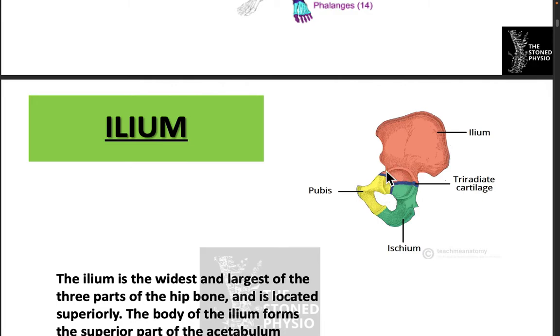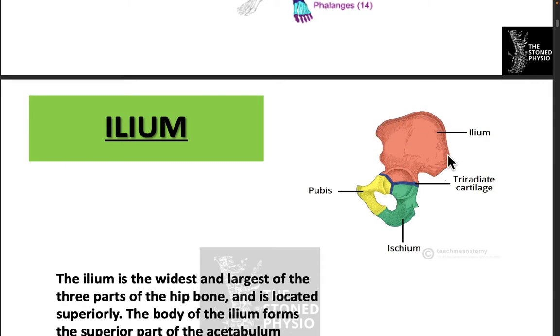So all these three bones make the complete acetabular structure, but 2/5 is made by the ilium, 2/5 by the ischium and only 1/5 by the pubis, okay? So the lower part of the ilium makes the upper border of the acetabulum and 2/5 of the acetabulum.